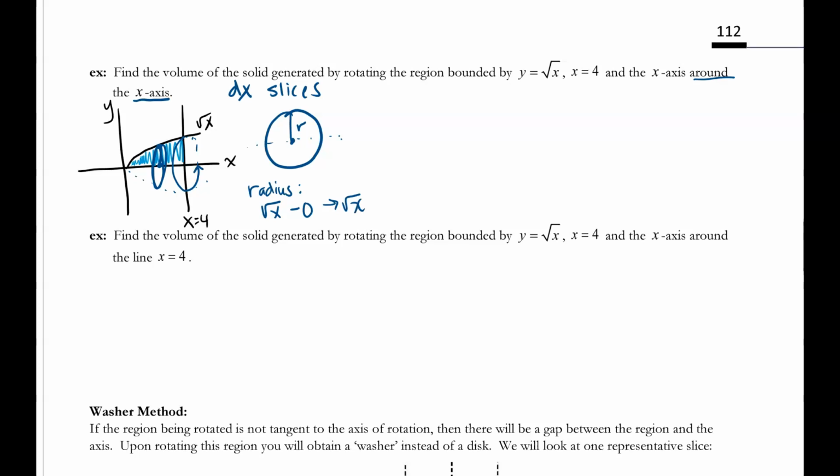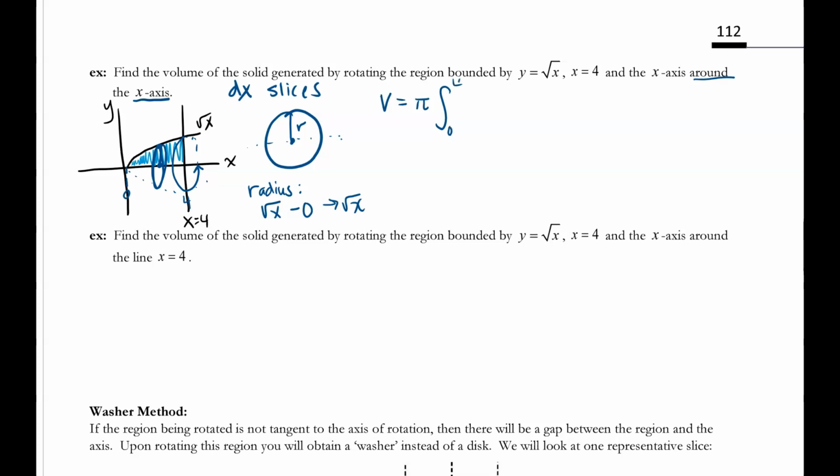All right, so when we find our area, we're going to use that radius. So for our volume, we know it's going to be pi r squared, but I'm going to pop the pi out in front of the integral since it's a constant multiplier. And we are integrating from 0 to 4.